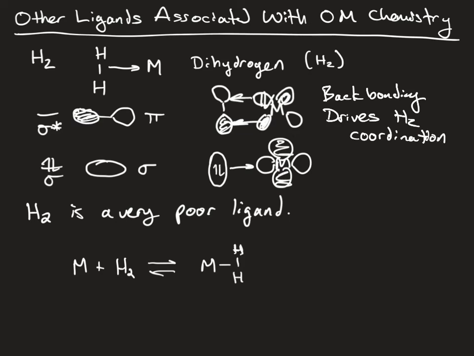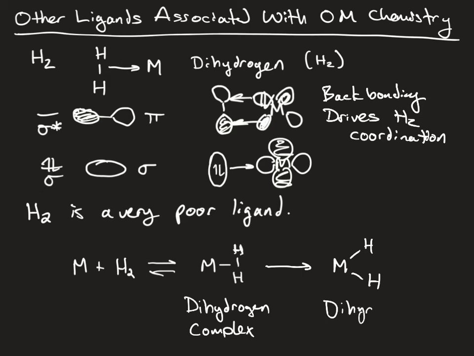H2 coordination. However, there's a fine line between forming this dihydrogen compound and it going all the way and forming a metal dihydride. So here we have the dihydrogen complex, and here we have the dihydride complex.